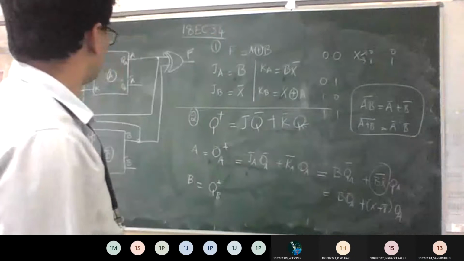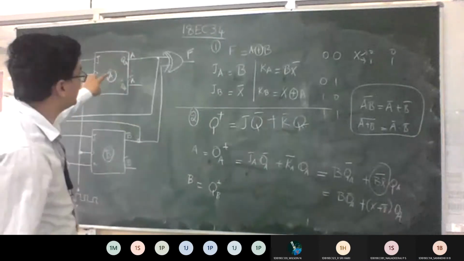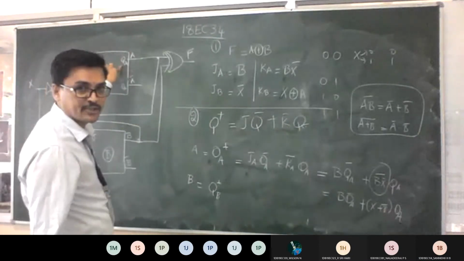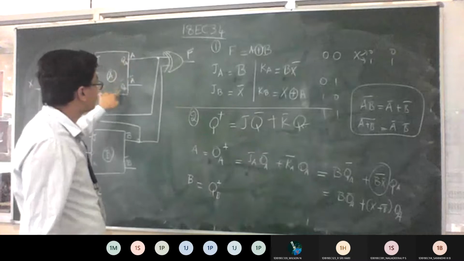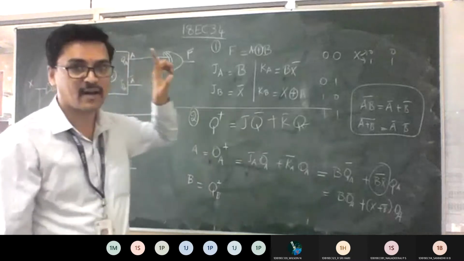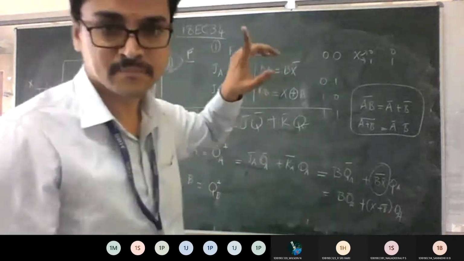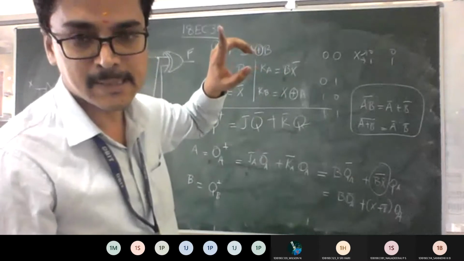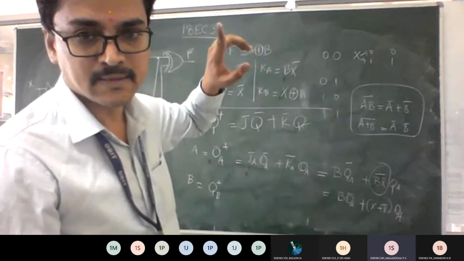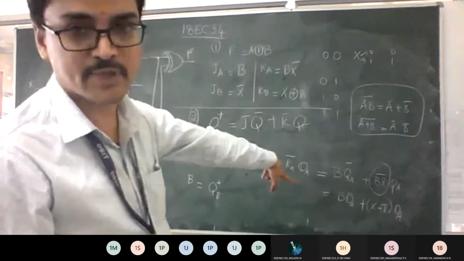So now you look at the diagram, they have given a hint for you that QA is nothing but A, QA bar nothing but A bar. Agree? That you can substitute here.